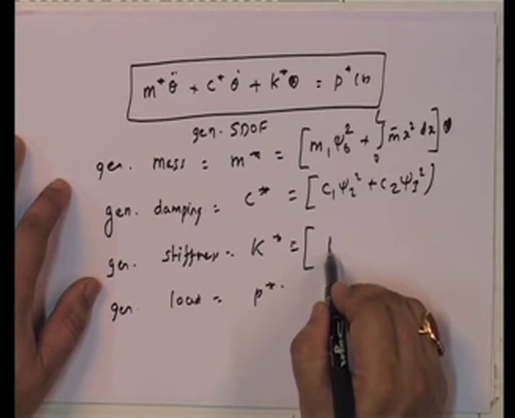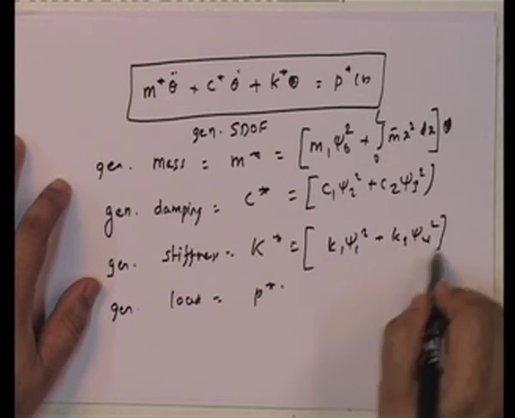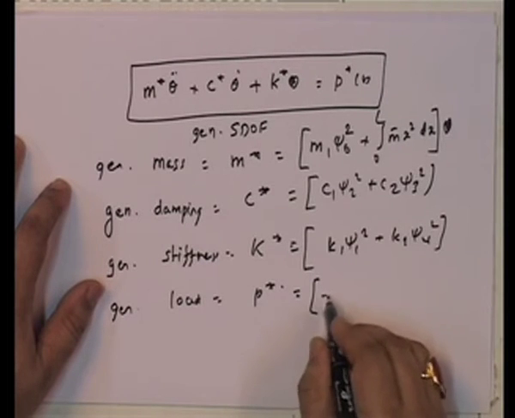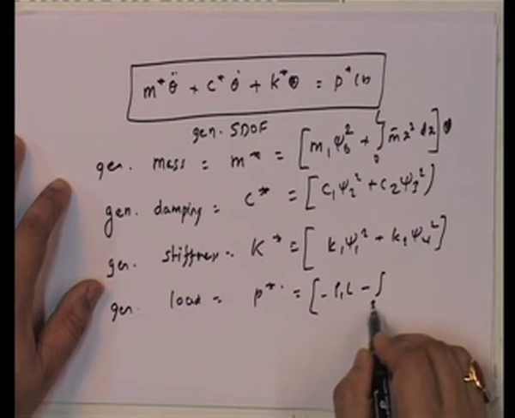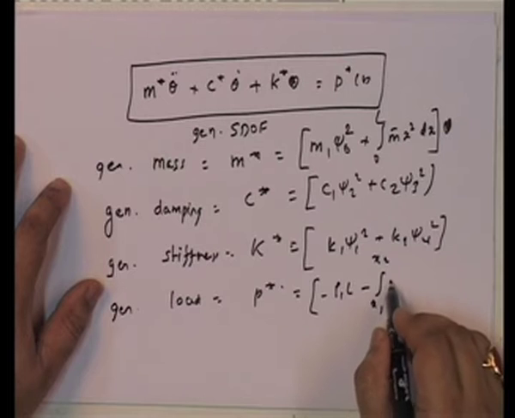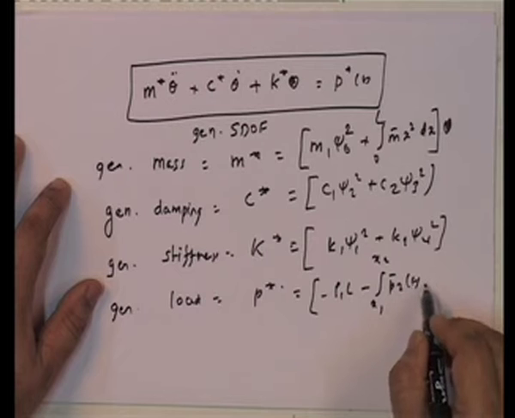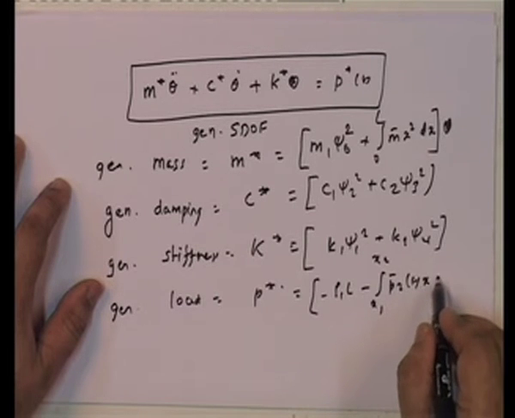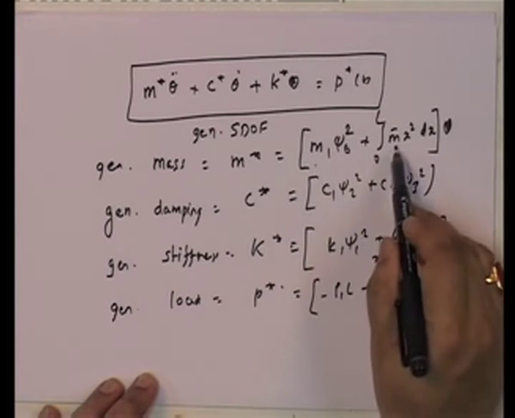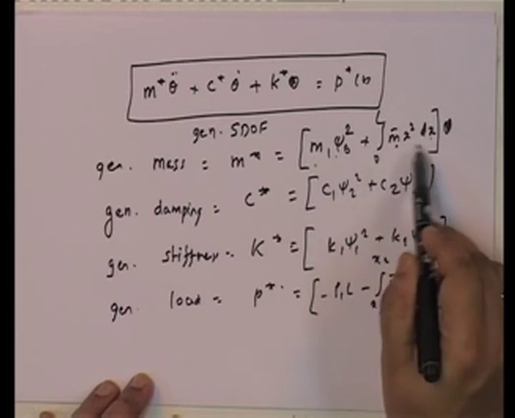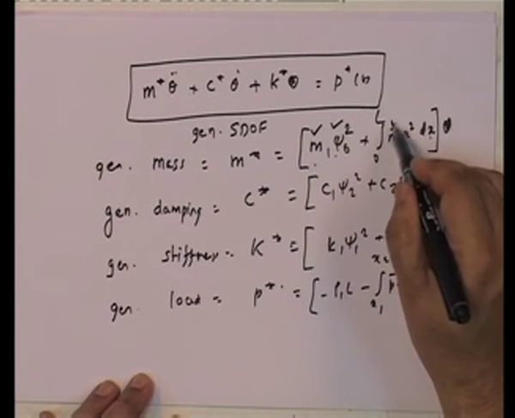K star is k1 xi1 squared plus k2 xi4 squared, and p star in this particular case is equal to P1 L minus x1 to x2 p bar t x dx. Now here all of these are given, these points where they are occurring also are given. So, I know this, I know this, I know this.